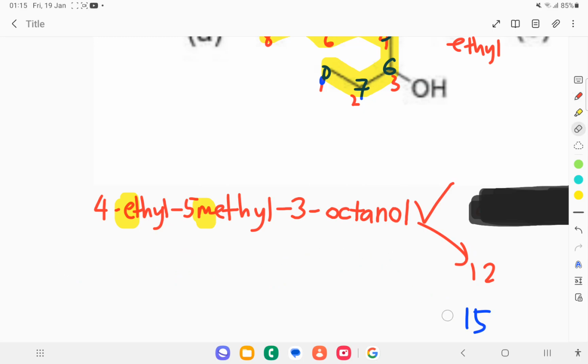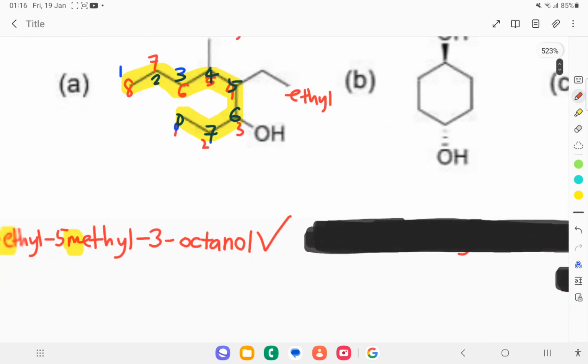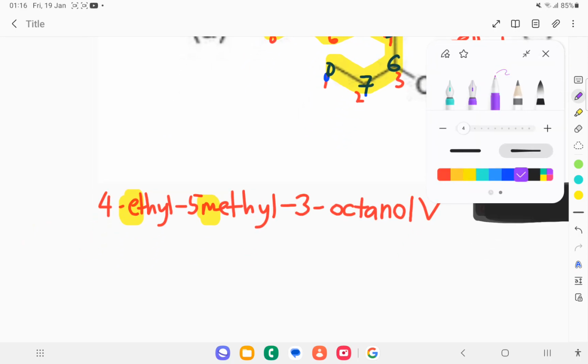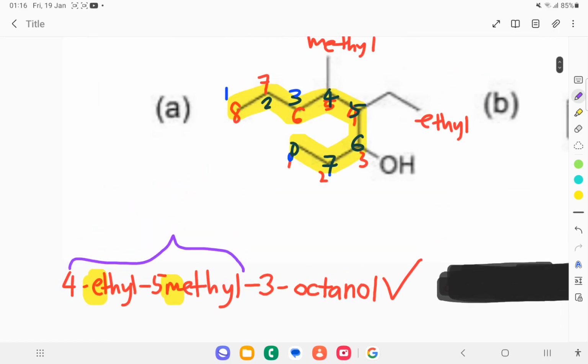That's all for question 1A, and then we will look at question B. Forgot to share with you, 4-ethyl and 5-methyl, which is the location of the substituents. These are called the prefix.